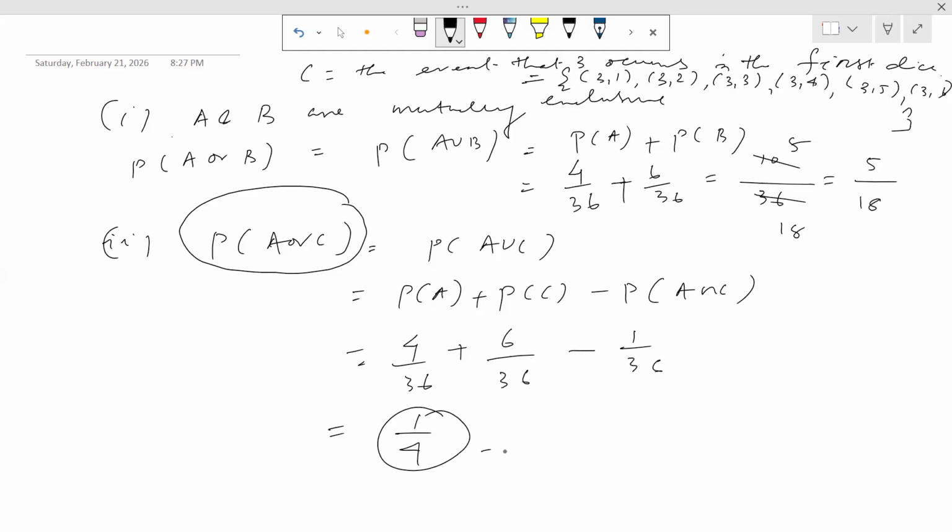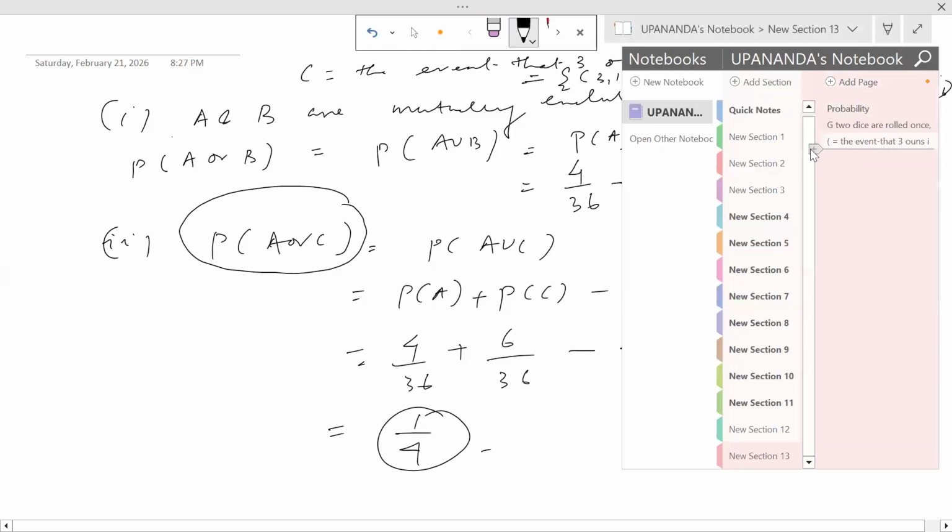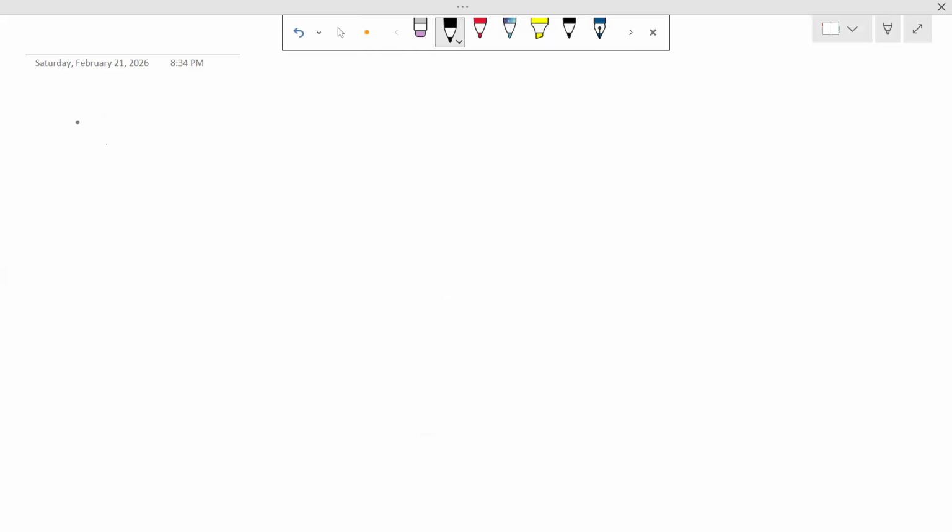Then next is, let us try to understand, next is counting principle and probability.